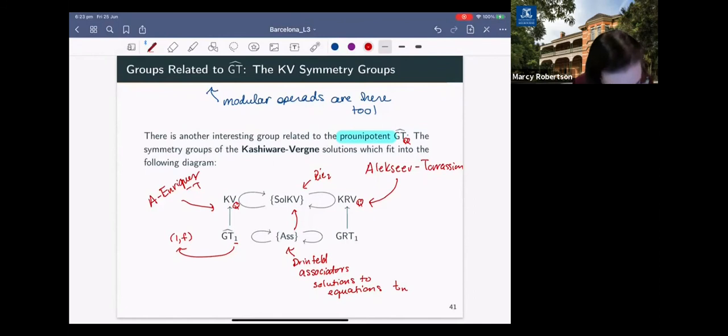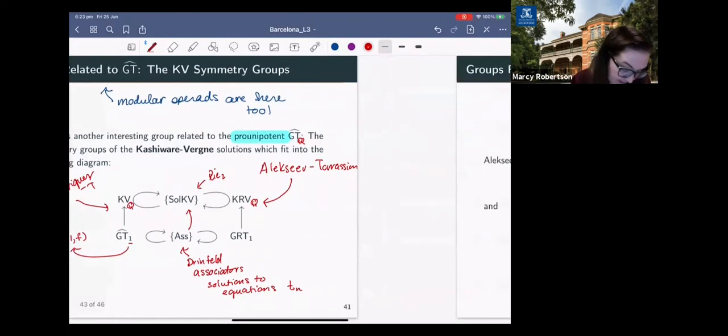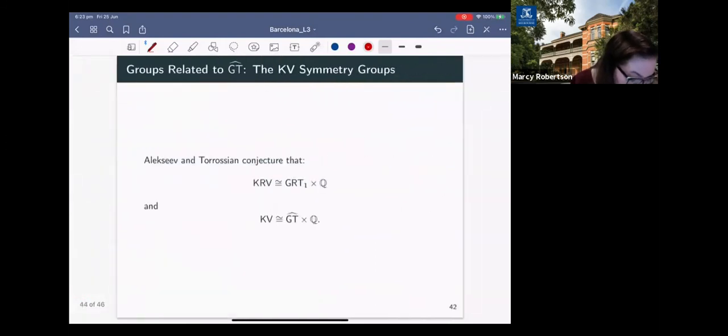That's what's happening. And they're closely related, right? So KRV and KV are closely related to GRT and GT. And in fact, there's a conjecture in their paper.